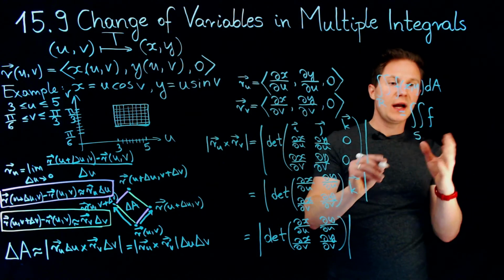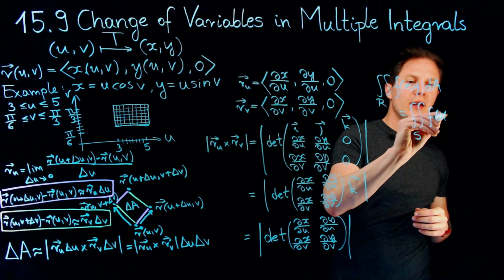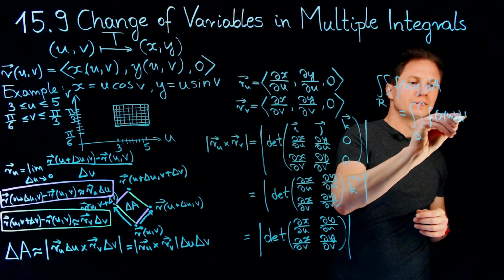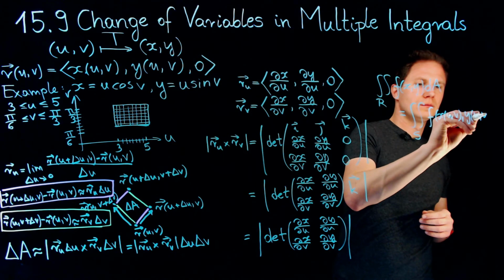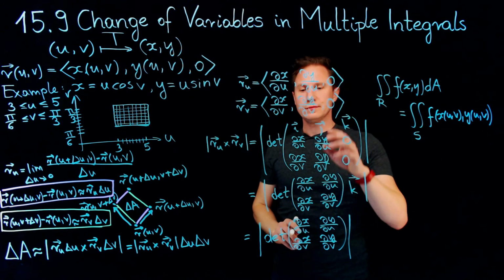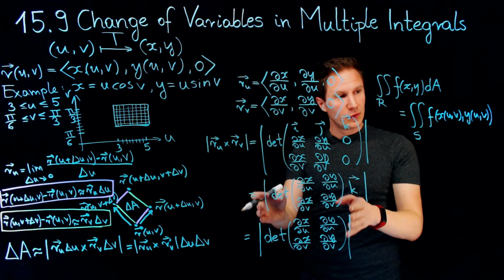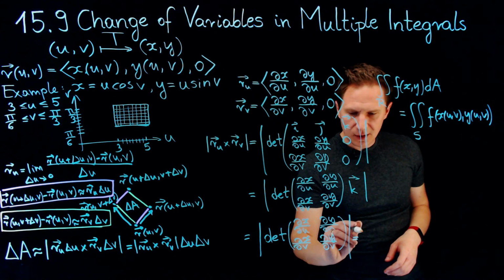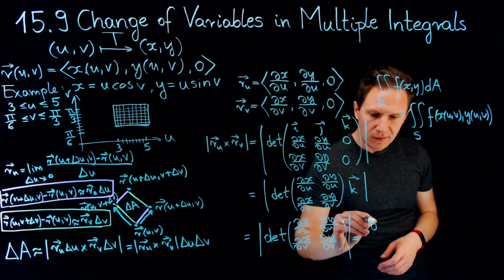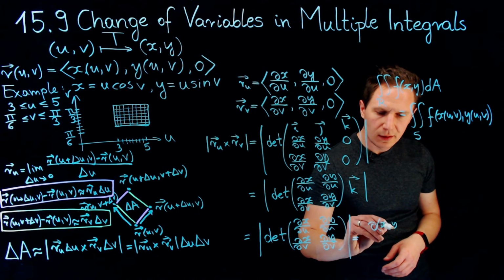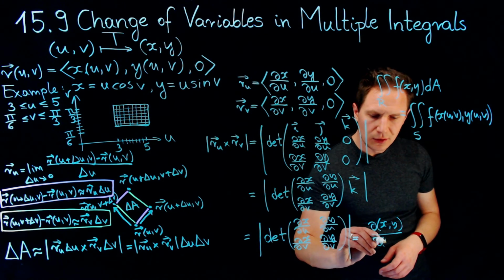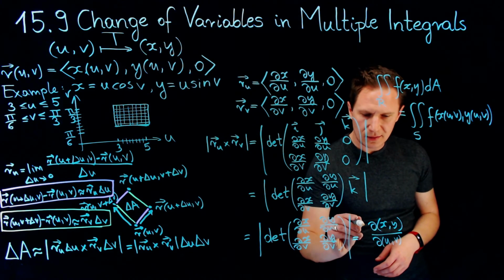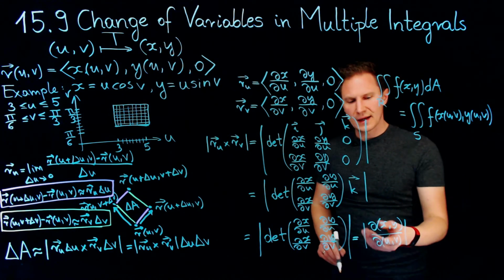And what we'll have is, of course, f of xy, but x and y depend on u and v, times the absolute value of this determinant. Let me denote this determinant dxy over duv and take its absolute value.